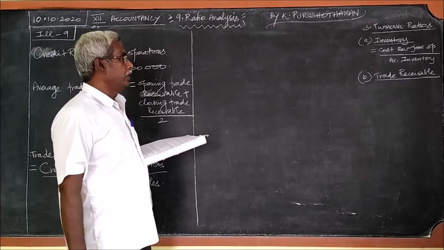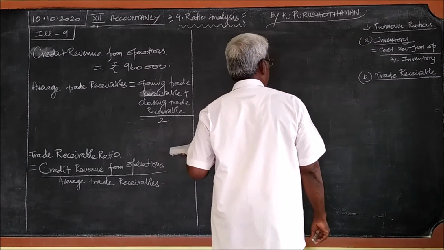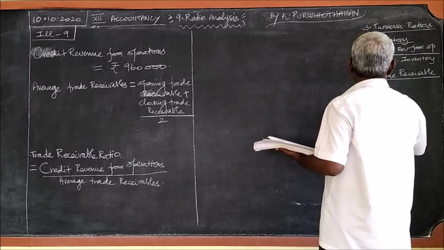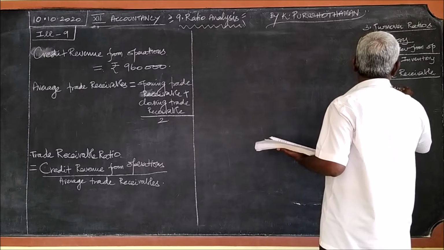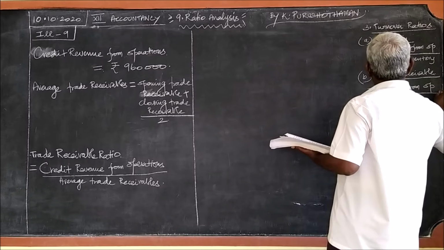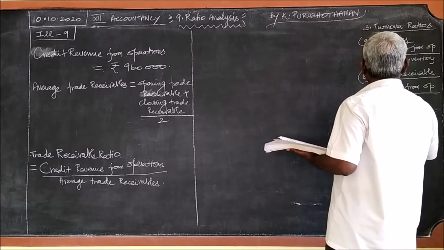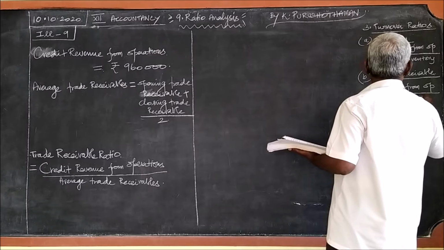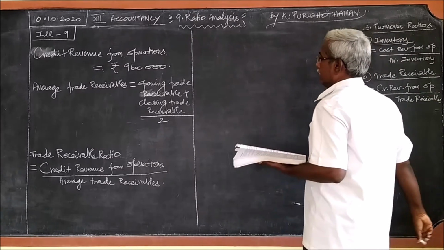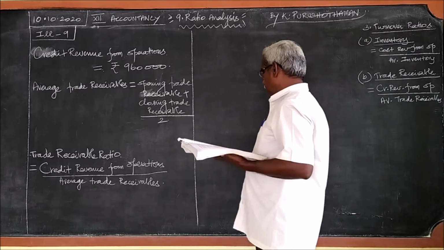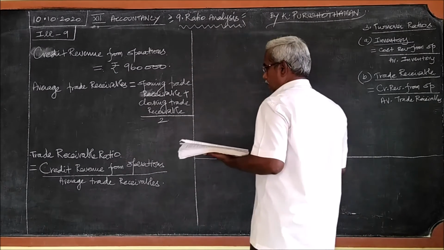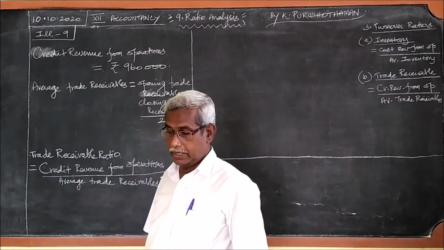Here I should explain you something. This trade receivable is equal to, the formula is credit revenue from operations whole divided by average trade receivables. So, in this what you will have to find. As I said, I should explain you something in it.